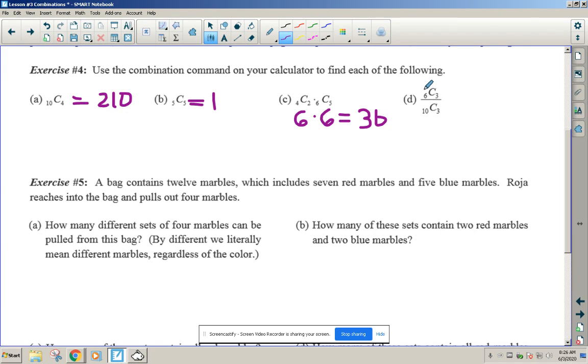Type in 6, choose 3, 6C3. Did you get 20? Now you have to type in 10C3. Did you get 120? And this would reduce to 1/6.